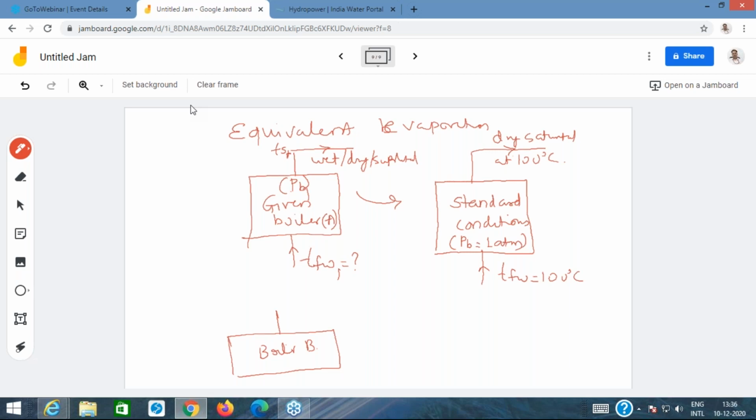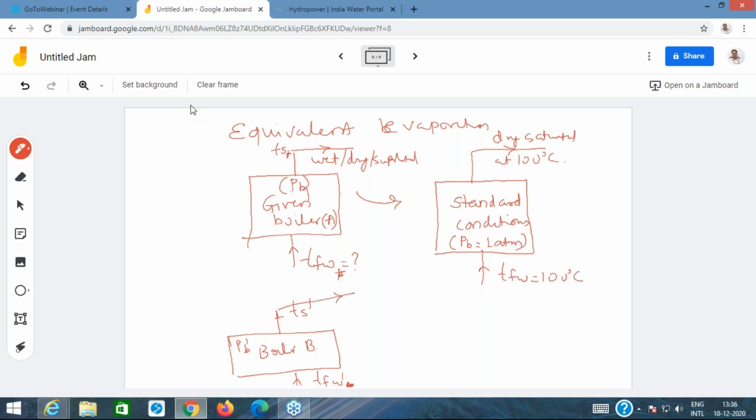Boiler B is having the feed water temperature as TF2, the steam temperature is TS dash, and the boiler pressure is PB dash.